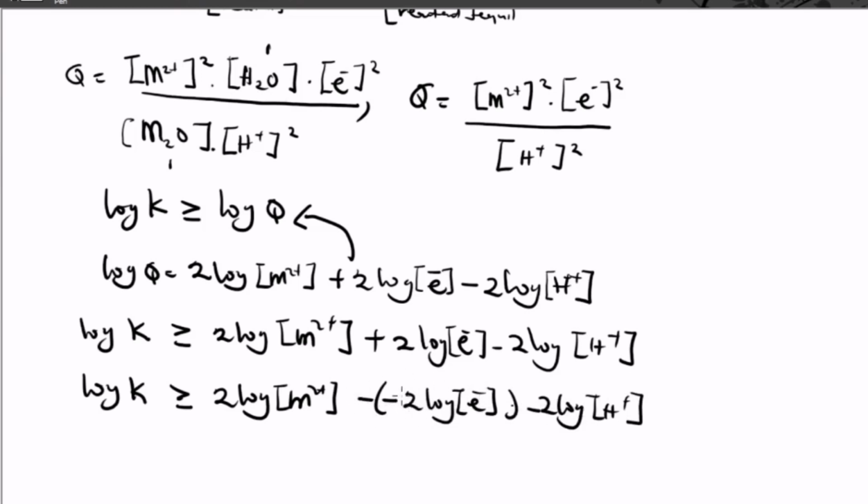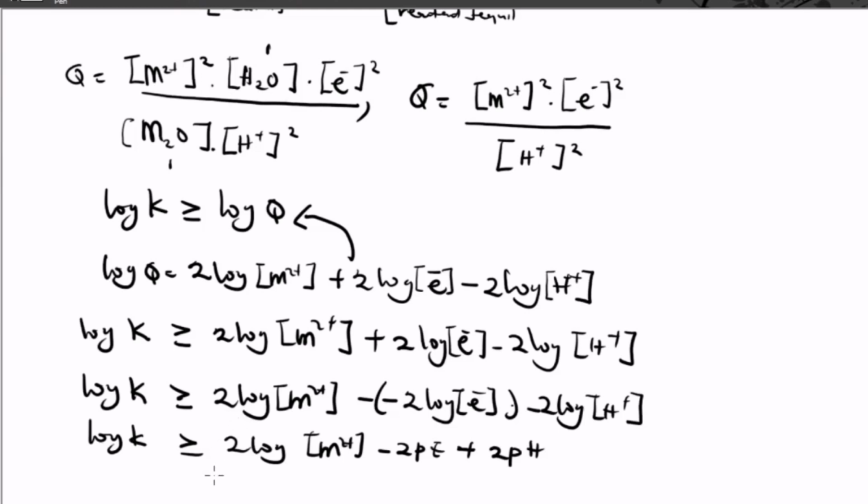There's nothing new that we've done here. We just want to get our pE. So when you do that correctly, our log K is going to give you 2 log M2+ minus 2 pE, plus 2 pH, because negative log of that will give you pH.